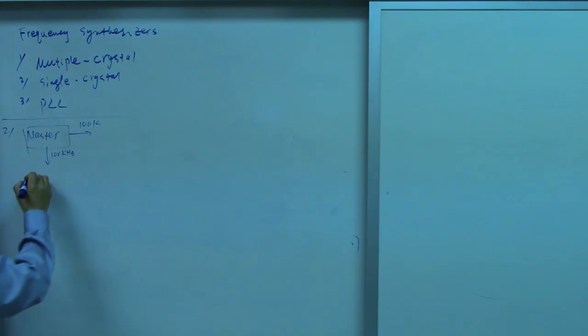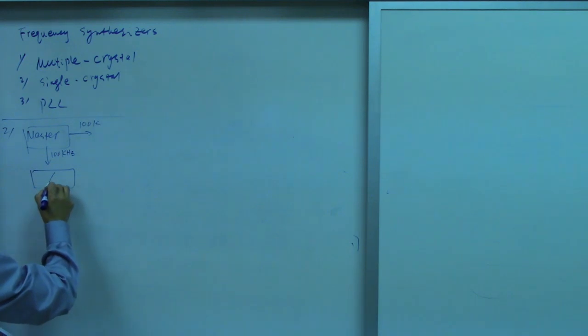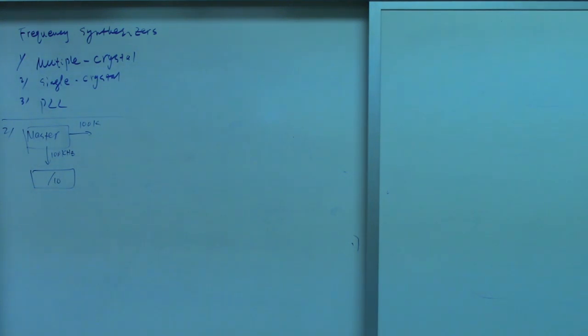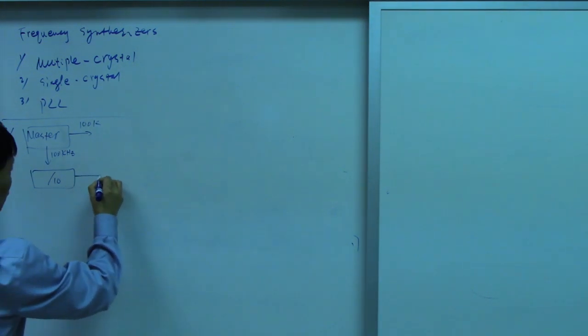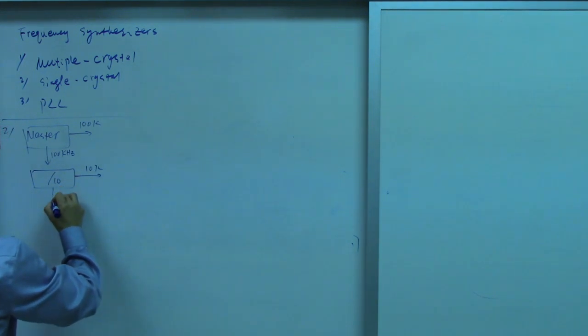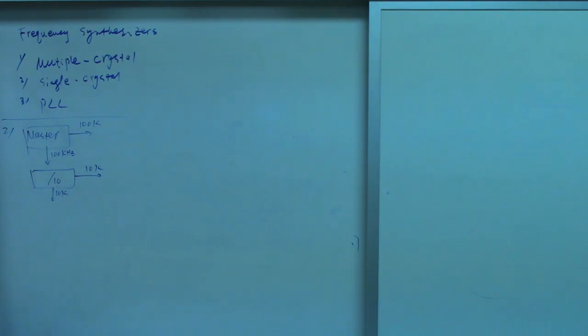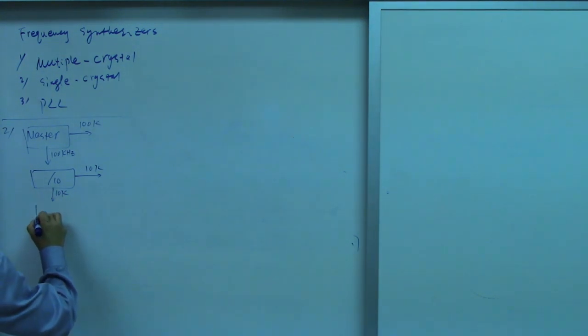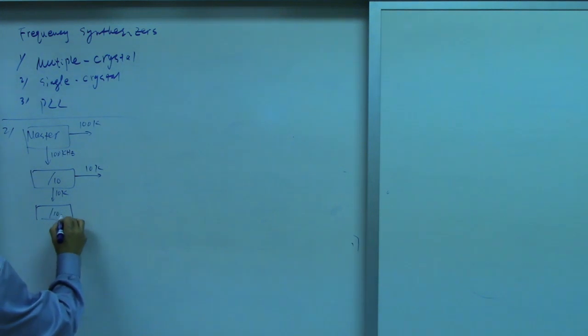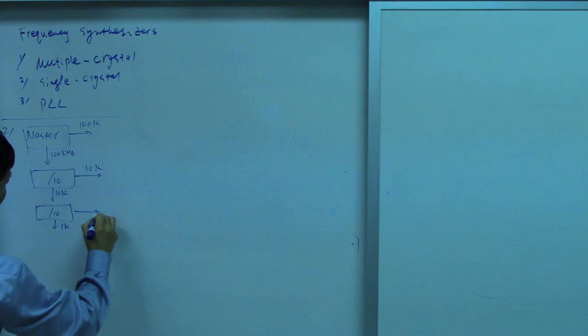I want to use a network called divide by 10, a divide-by-n network where n equals 10. Now this output will equal 10K. Then followed by another divide by 10, this one will give us 1K.